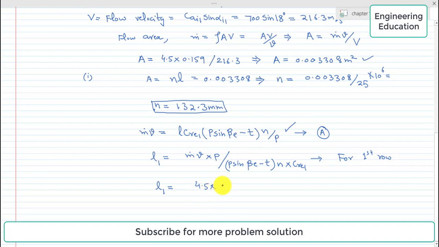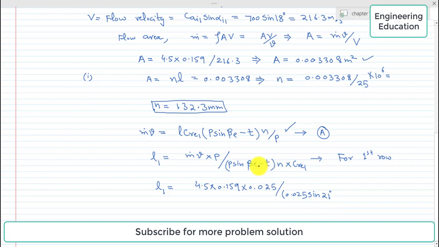The value of specific volume is 0.159 cubic meter per kilogram, and the value of pitch is 0.025 meter divided by, again P is 0.025 sine beta E, that is 21 degree.